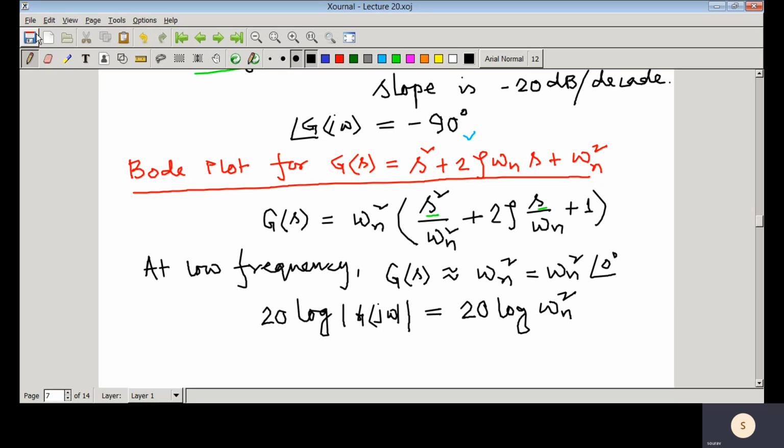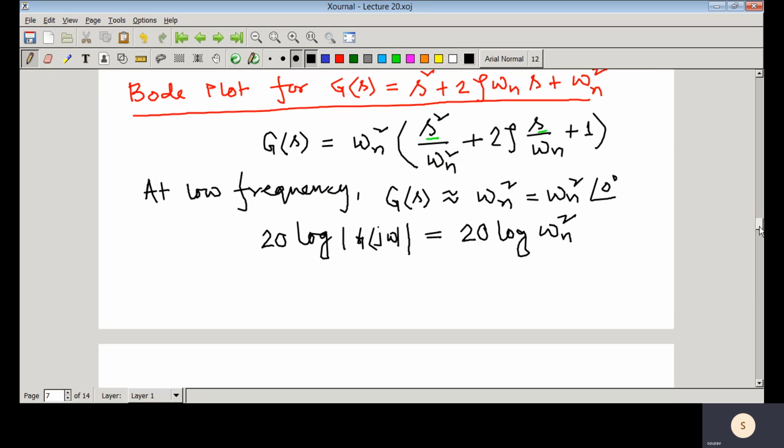And we can see what happens in case of high frequency.